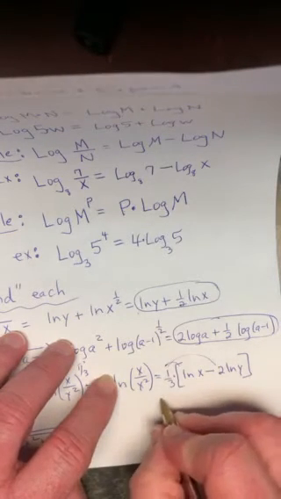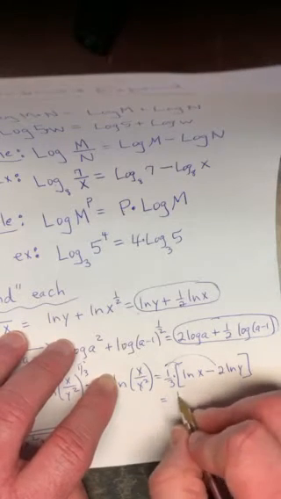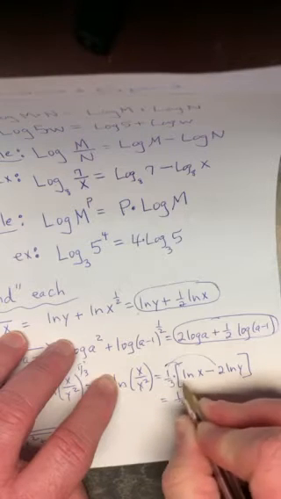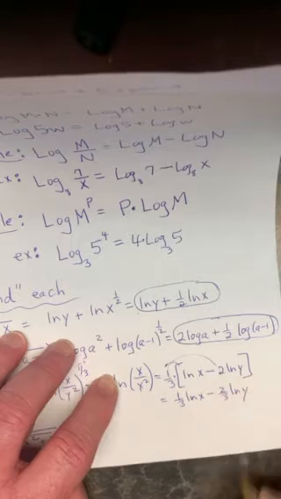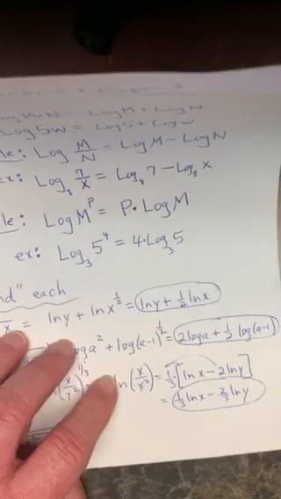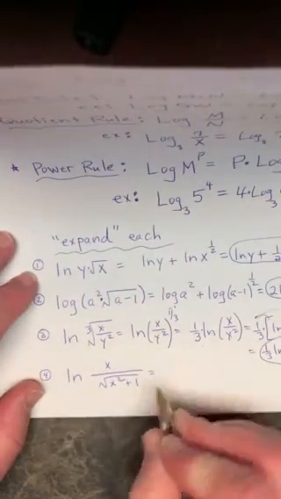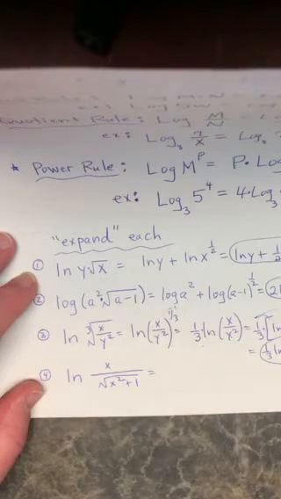So technically, my final expansion would be 1/3 ln of x minus, now when I take 1/3 times 2, that's 2/3 ln of y. Did it.